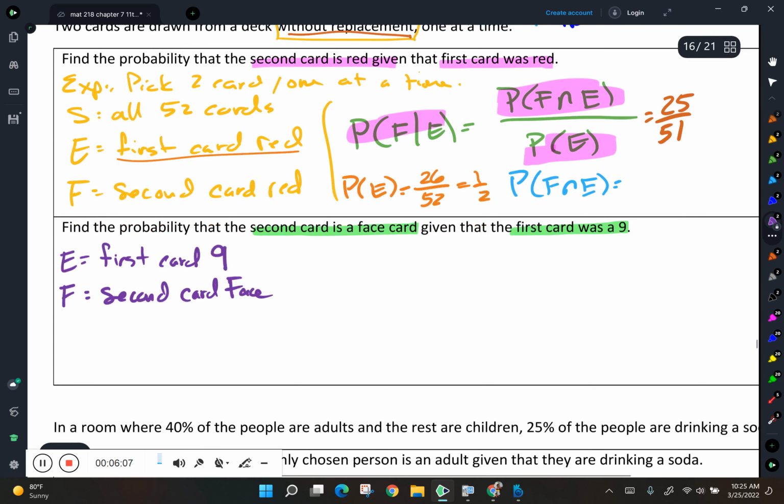Then I'm just going to draw that tree diagram again. My first card is either going to be a 9 or not a 9.